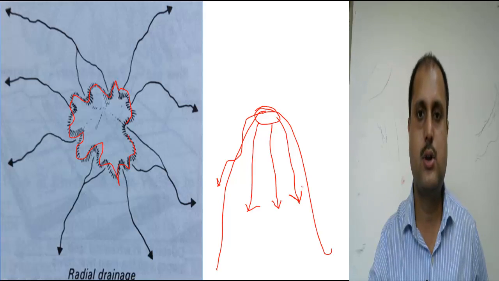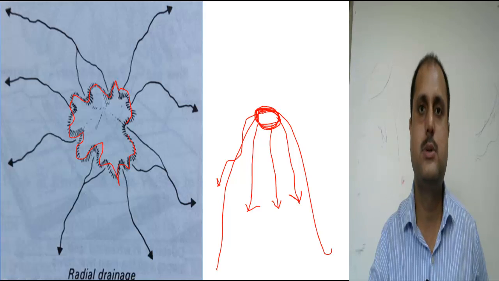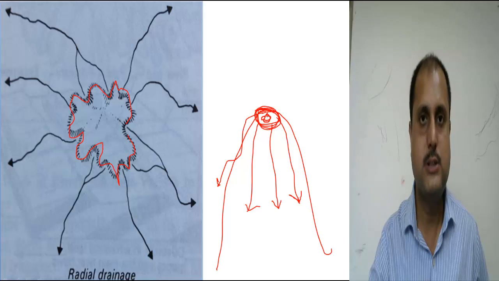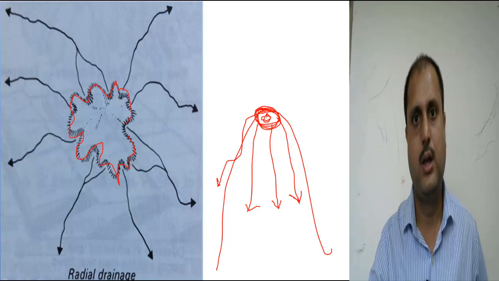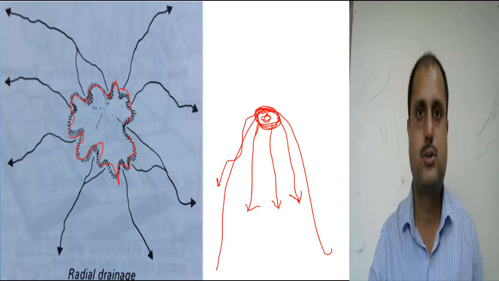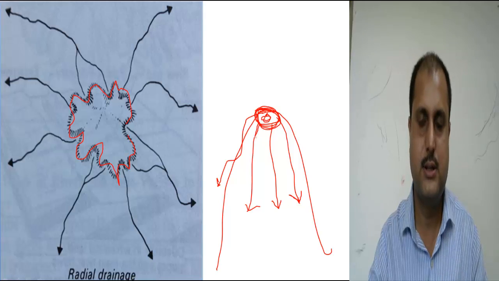It can also happen that a volcanic eruption happened millions of years ago. Because of the millions of years, this volcano has now cooled down and is filled with water, and it has become a source of a river. The slope is on every side, not on a single side.